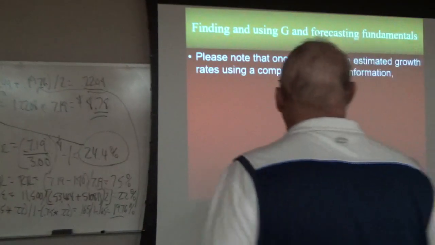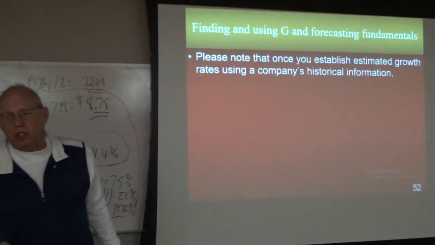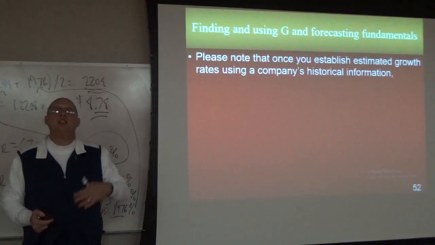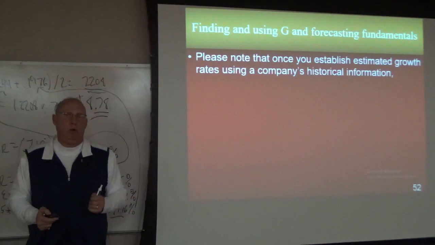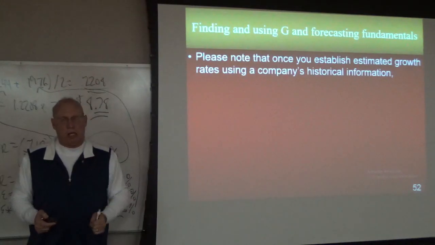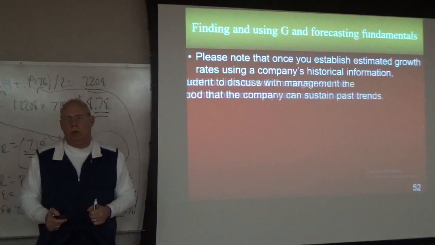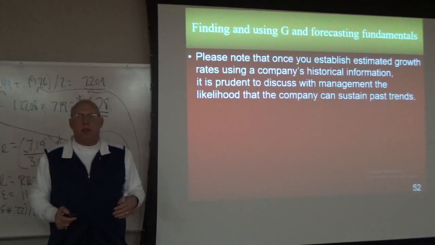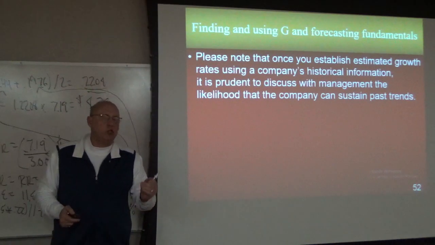All right. So please note that once you establish the estimated growth rates using a company's historical information, these growth rates aren't guaranteed. It's a best guess using history. It is prudent to discuss with management the likelihood that the company can sustain past trends. What are we doing?